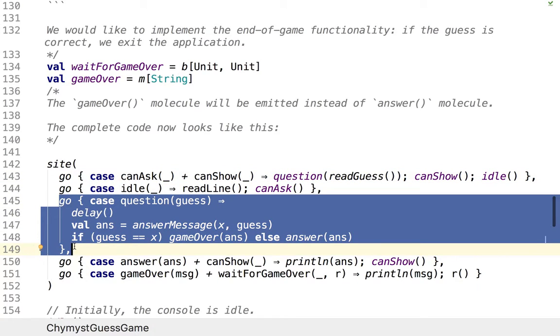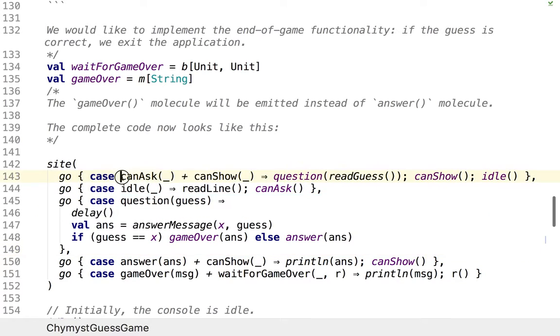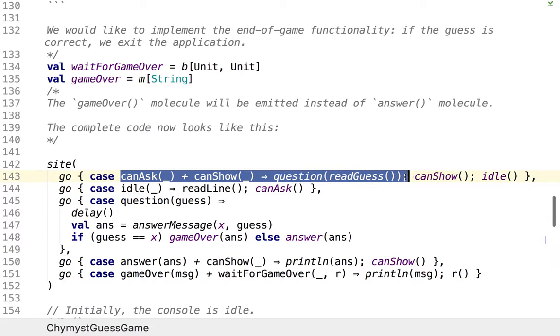If I now want to ask another question, this reaction needs to start. But this reaction cannot start because my thread pool only has 4 threads, and they're all busy. Now, until this point in the tutorial, we never thought about thread pools and how many threads there are.